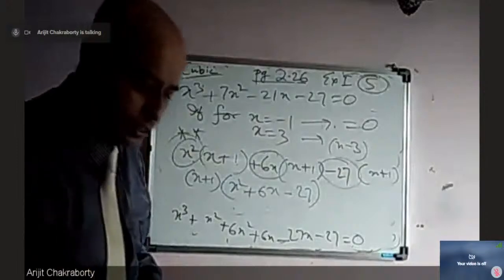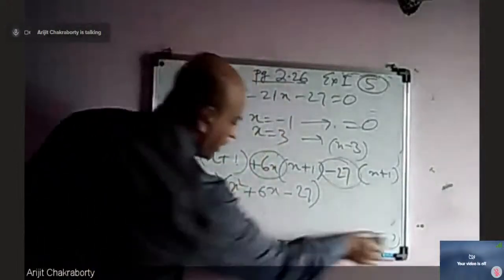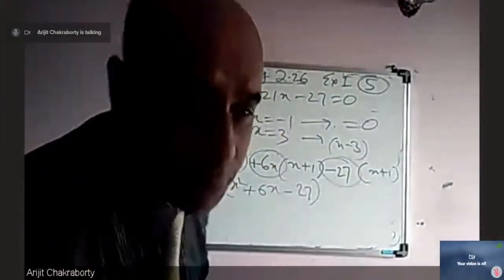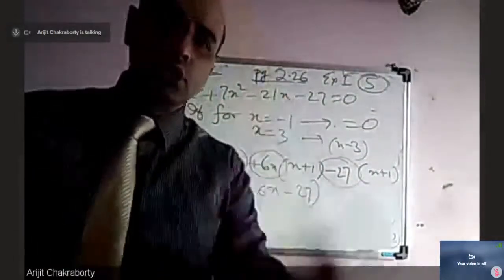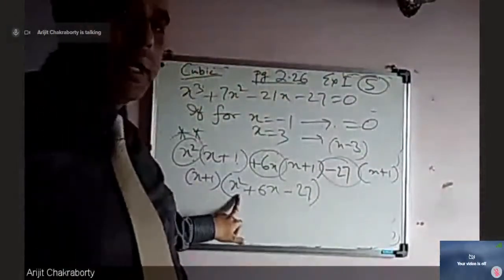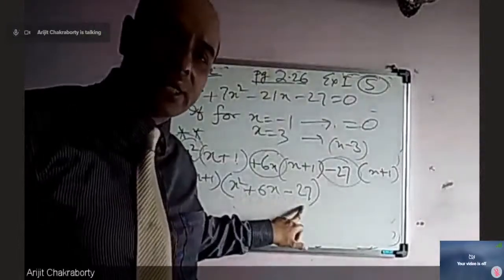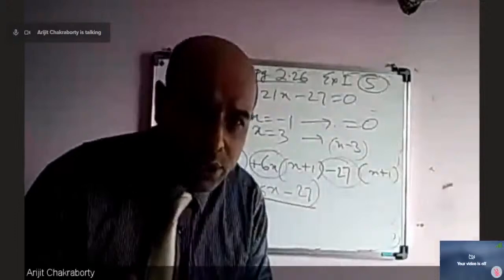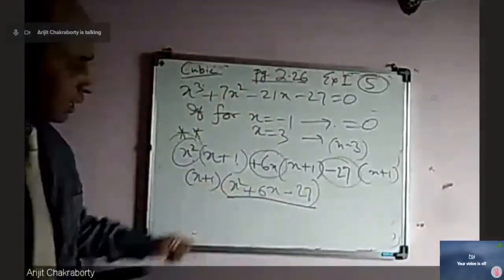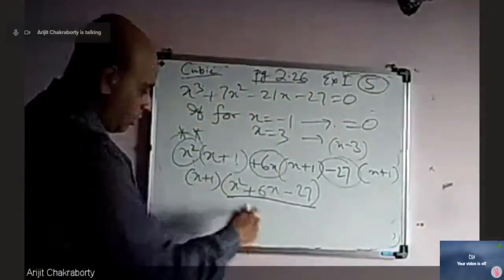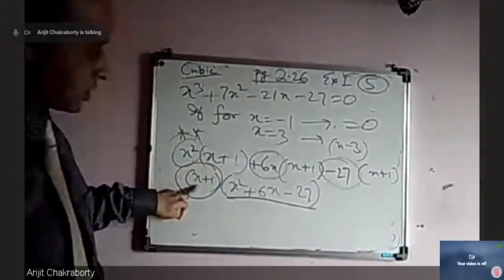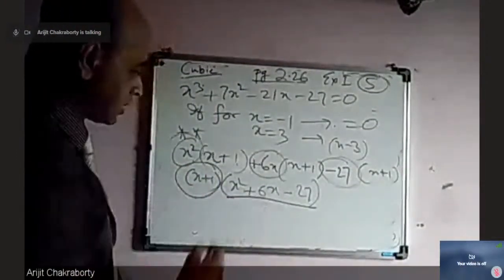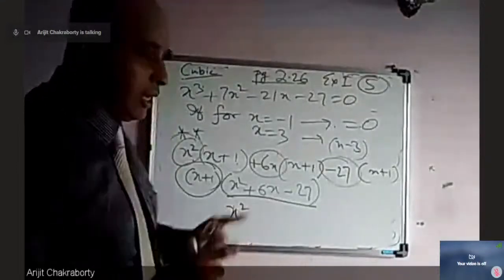Okay, so this is how we break up a cubic equation into two parts, x plus 1 and x square plus 6x minus 27. But this is a quadratic equation because you have power 2. So we break it again. Already we have got this. We break this one again.